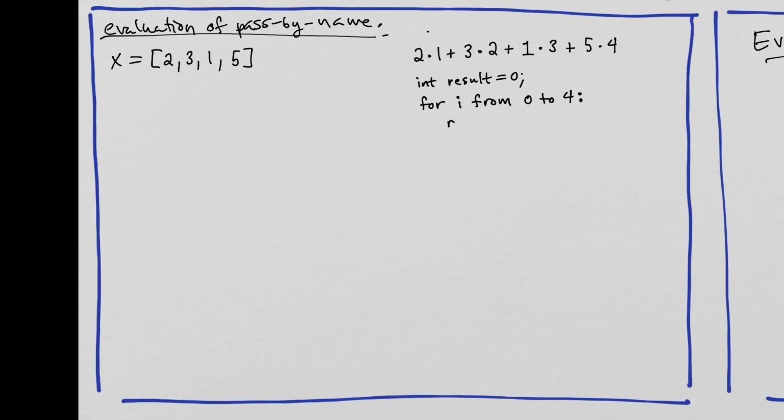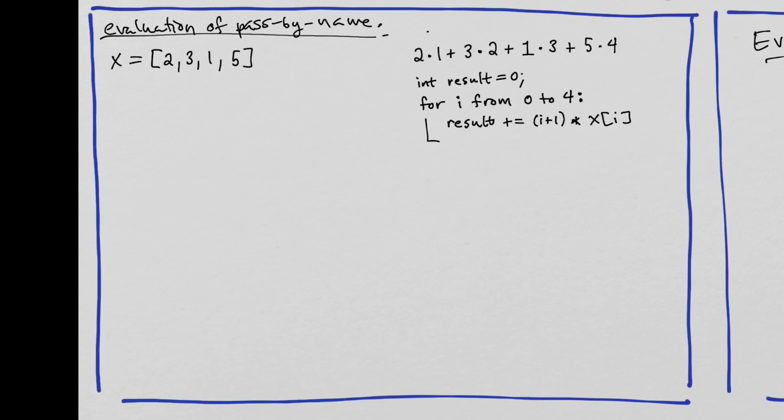Then I'm going to say result plus equals I plus 1, because I need to go from 1 to 4, times whatever the current value of x sub I is. So I could write something like this, and it would calculate that result for me.